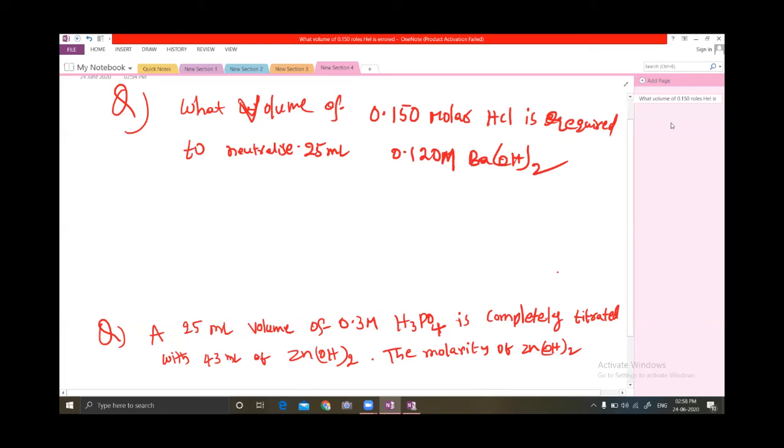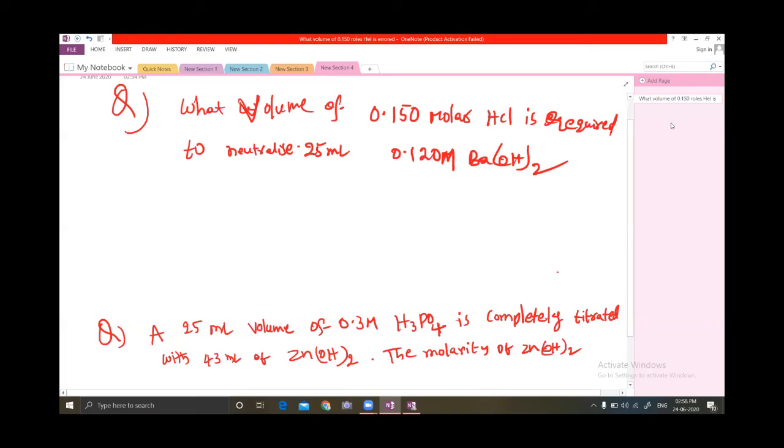What is the N factor, sir, for HCl? N factor is 1. Here 0.120 molarity into N factor 2 into volume 25 ml. If you want to convert to liters, divide by 1000. But ultimately 1000 will be cancelled, no use of that, because same units will be cancelled.